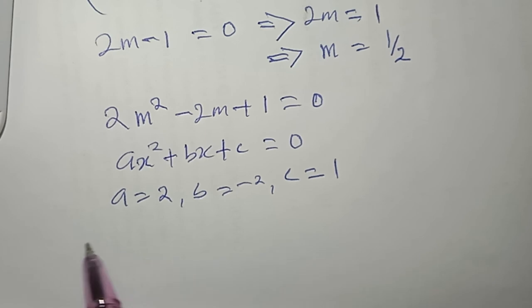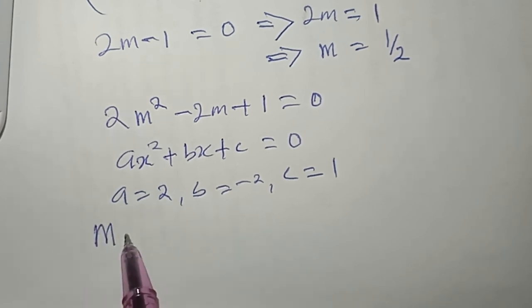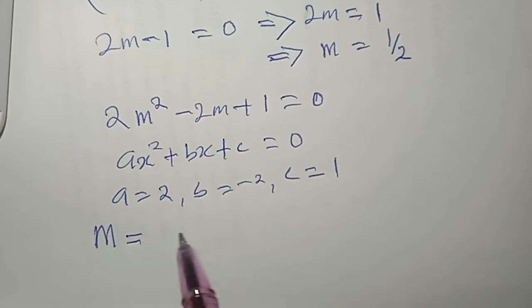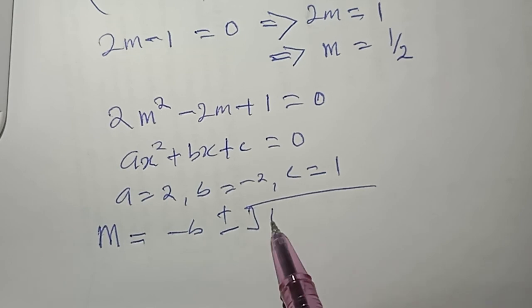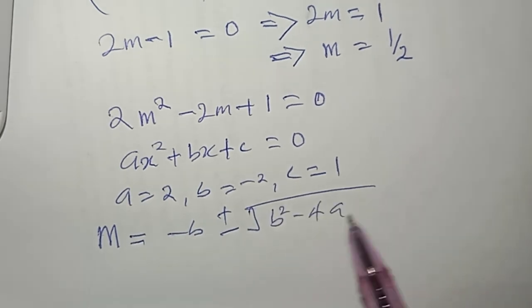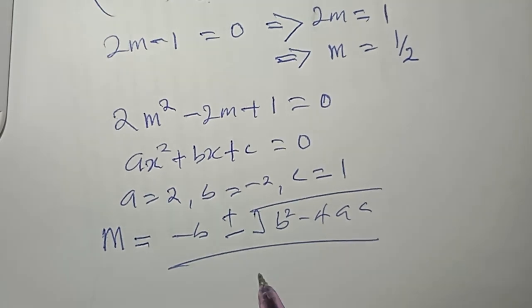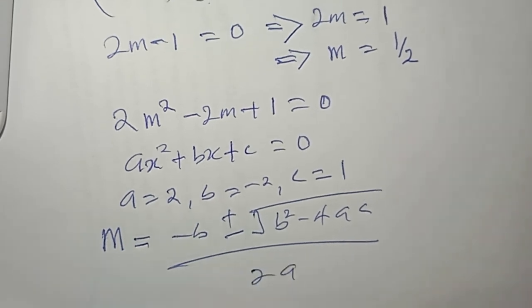And then the formula for m is going to give us minus b plus or minus the square root of b squared minus 4ac, all divided by 2a.